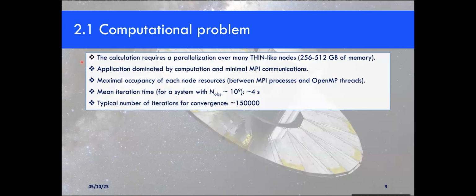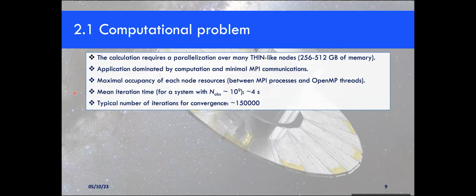This kind of calculation requires a parallelization over many thin-like nodes, with a RAM memory between 1/4 and 1/2 of a terabyte. And this application is dominated by computation with minimal MPI communication. To run, we guarantee the maximal occupancy of the resources of each node distributed between MPI processes and OpenMP threads.